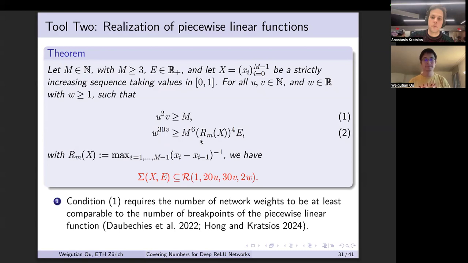Can I also ask a question? It's also related to the paper you mentioned. Suppose instead of bounding the network weights, the parameters, you bound the Lipschitz constant. Of course, bounding the weights will imply bounding the Lipschitz constant, but there could be a big gap between those two objects.